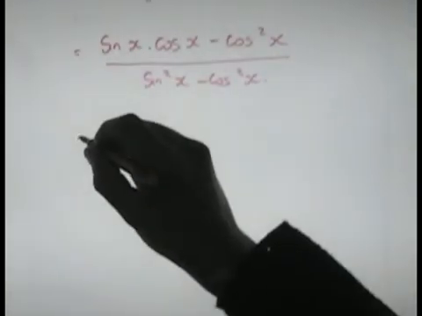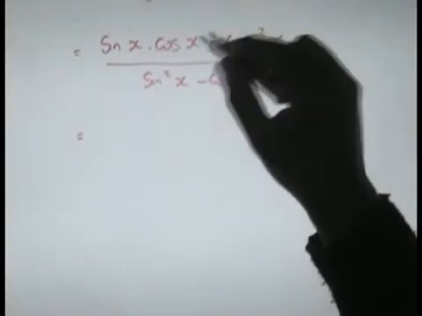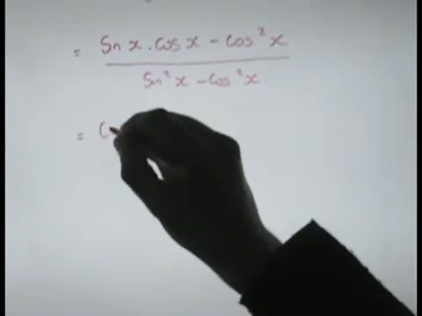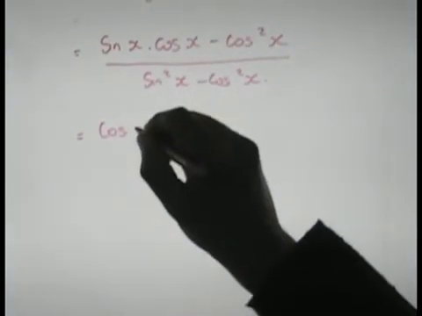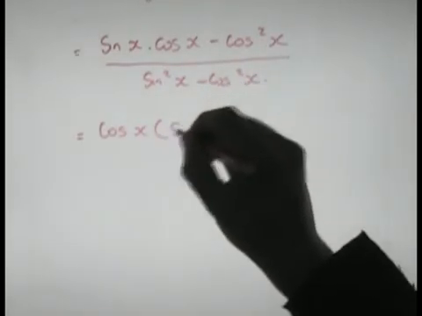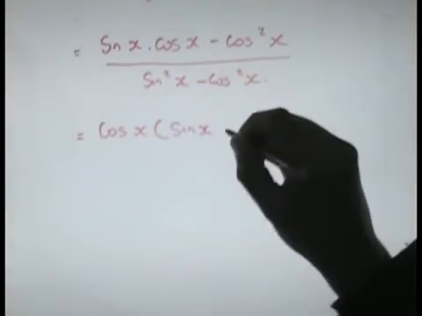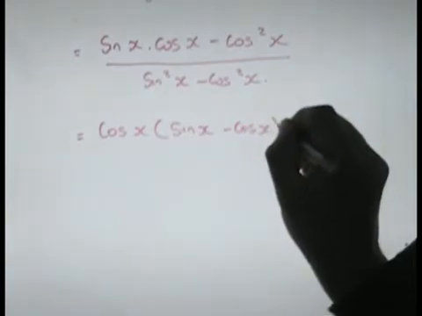What I'm now going to do is, from the top I'm going to take out a common factor of cos x. That's going to give me sine x minus cos x.